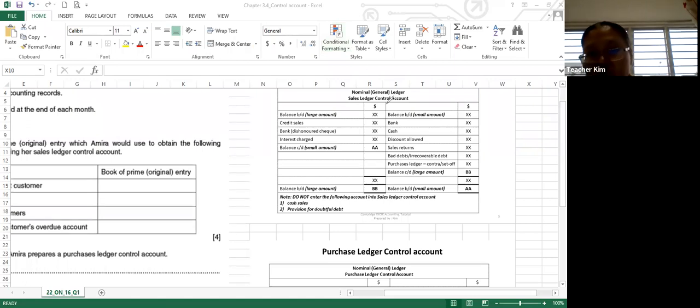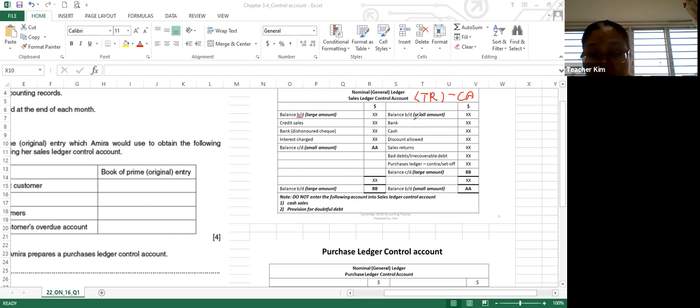Sales ledger control account. This is the asset which most of the time in our accounts we call trade receivable. This is the total trade receivable, a current asset. Balance brought down is normally on the debit side. If you see a credit balance, this is one or two customers who have become our supplier.